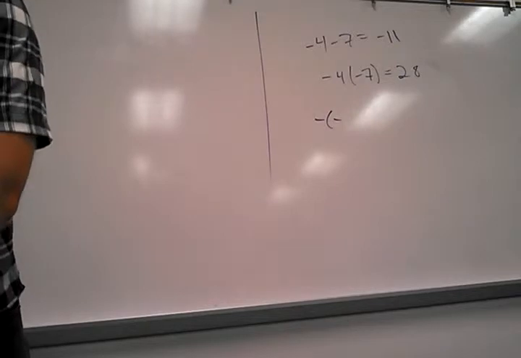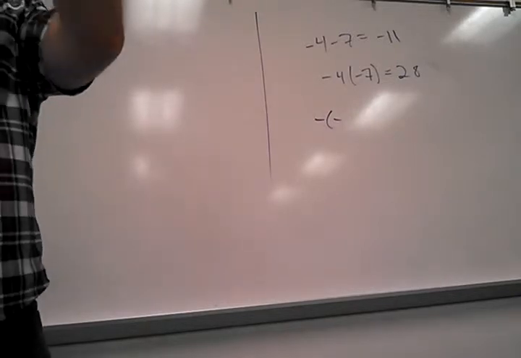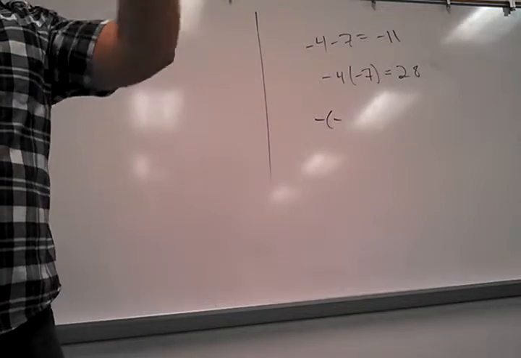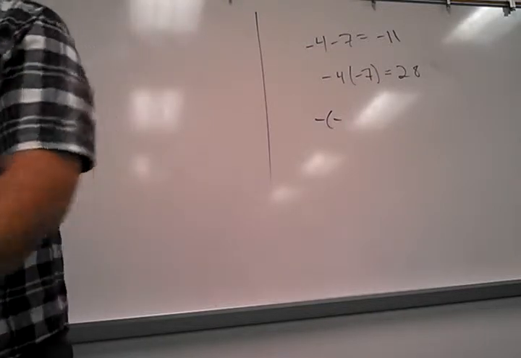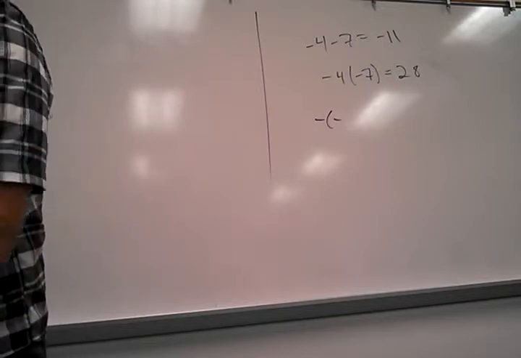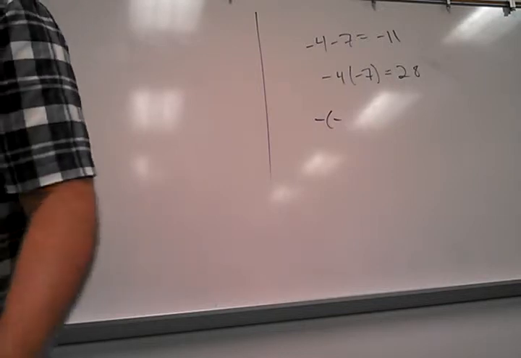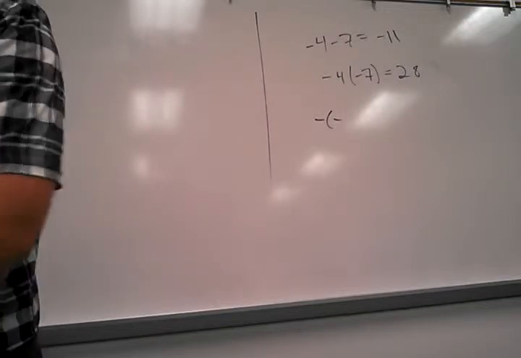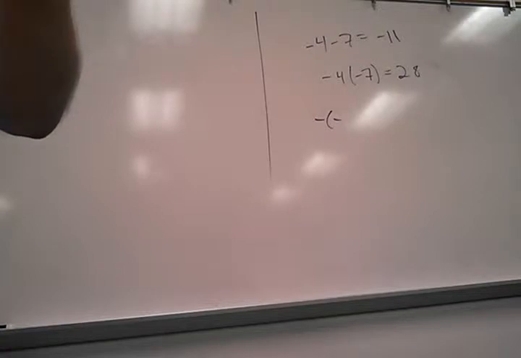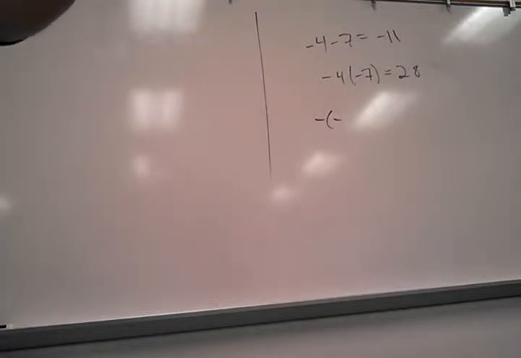All right, 1.2 is the one with the commutative, the associative, and the distributive properties, and we've already talked about those. I even showed you why distributive works the way it does, so I'm not going to talk about that. 1.3 is about fractions and the need for like denominators. I know fractions give a lot of us trouble.